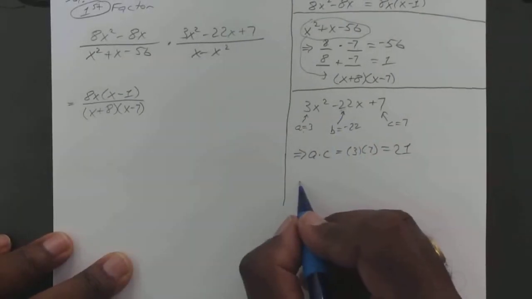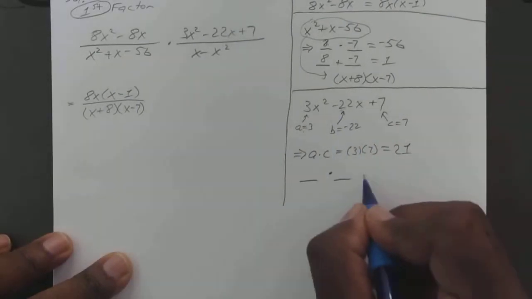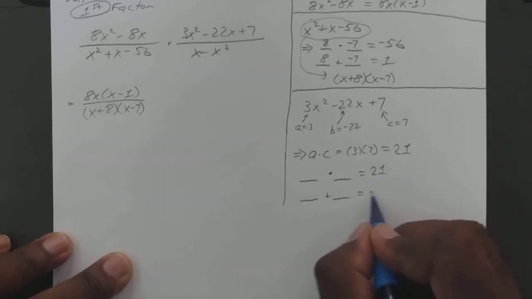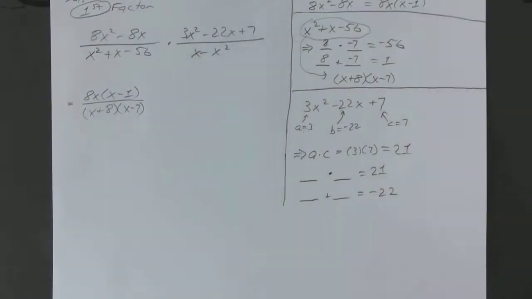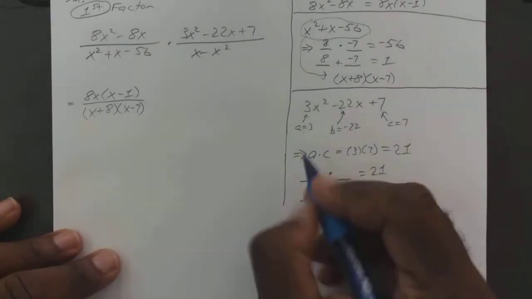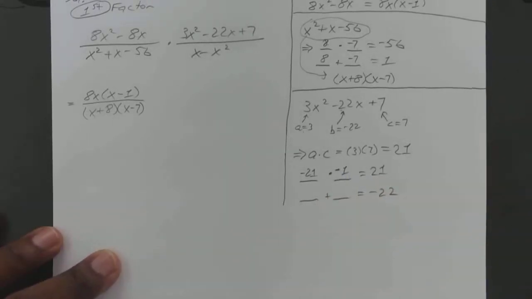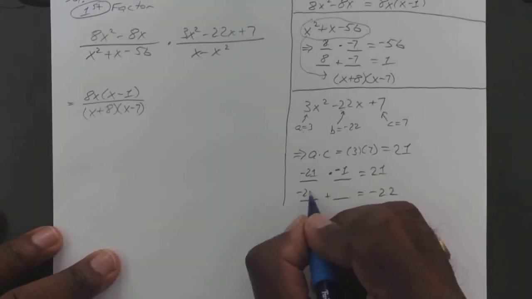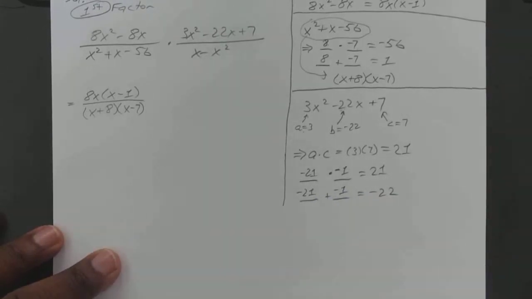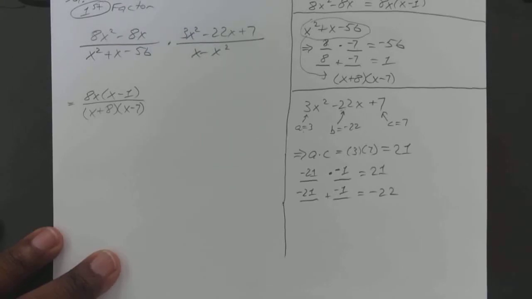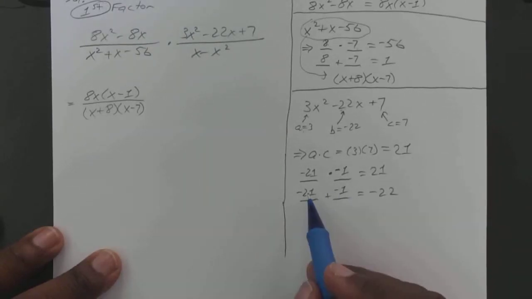Okay. So we have to find two numbers that multiply to equal 21 and add together to equal your B, which is negative 22. Any guesses? Negative 21. Yeah, negative 21 and negative 1. So negative 21 times negative 1 is positive 21. And negative 21 plus negative 1 is negative 22.